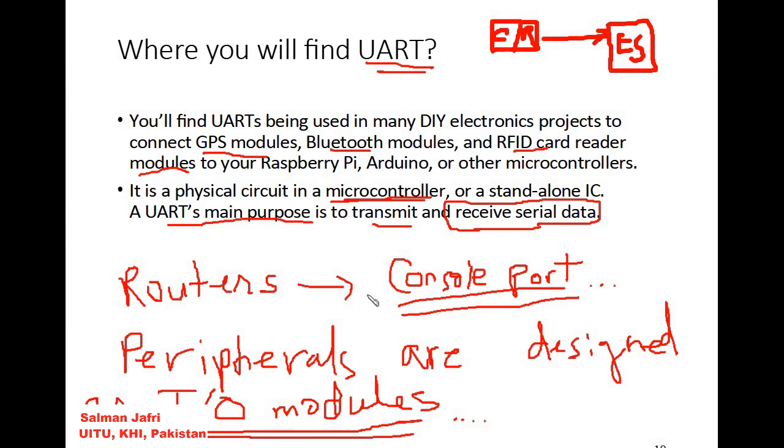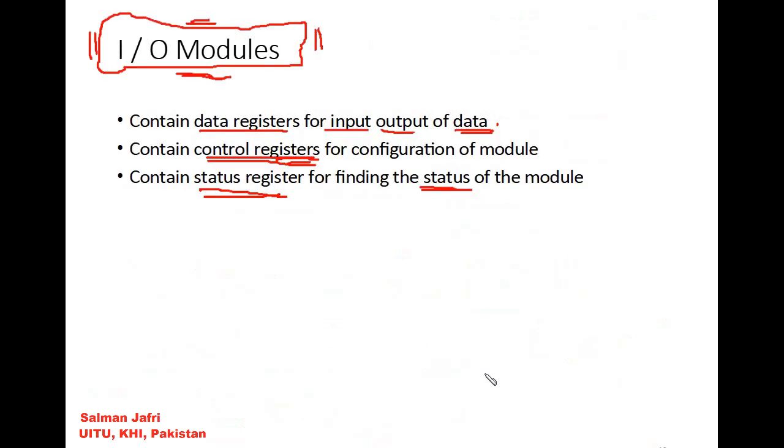And as I've discussed before, routers can be controlled via the console port, and peripherals would be designed as IO modules. We have discussed the concept of IO modules before. They contain data registers for input-output of data, control registers for configuration, and a status register for finding the status of the module.